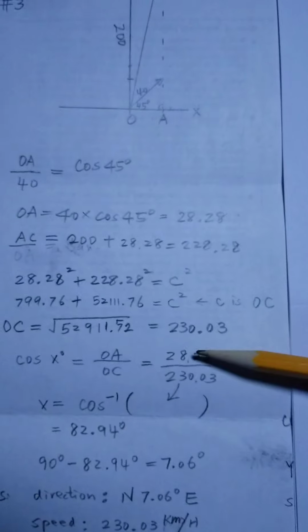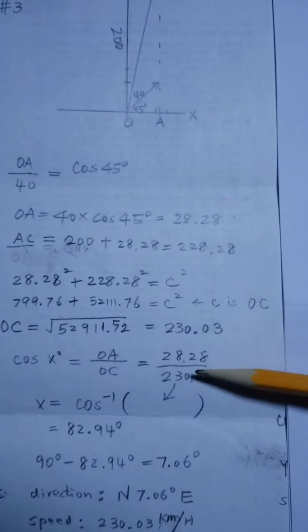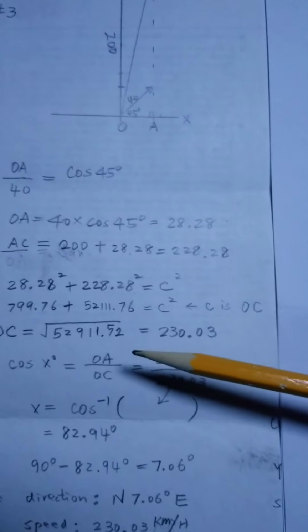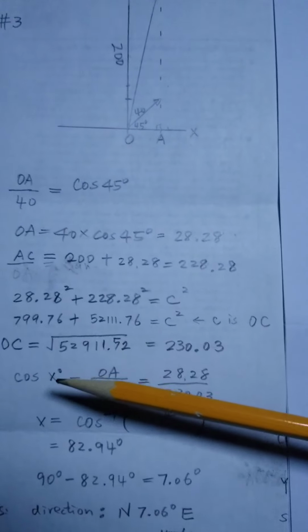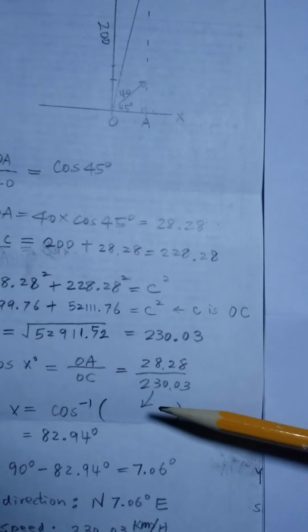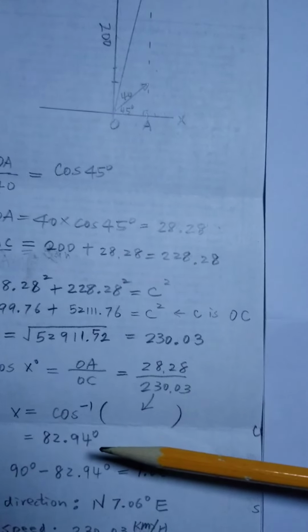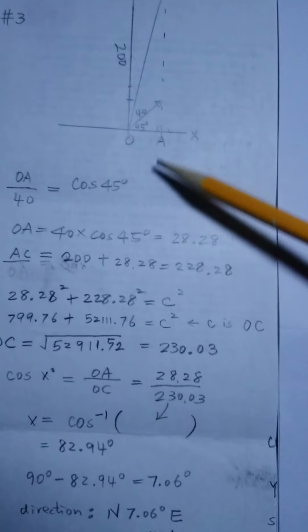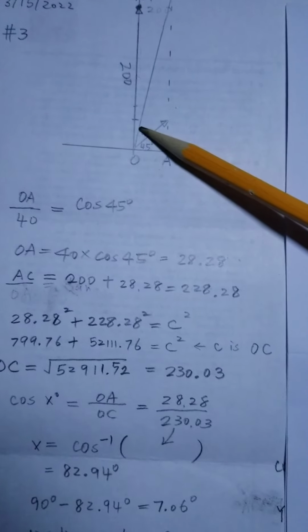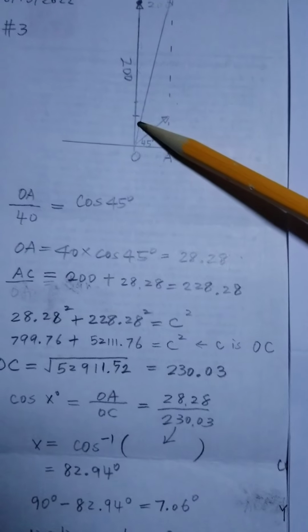So you make a ratio 28 point some over 230 point some, and it's cosine. So you just do an inverse, right? You put this in here, and it's 82.94 degrees. So it's going to go from here only to 82.94, not to 90 degrees.